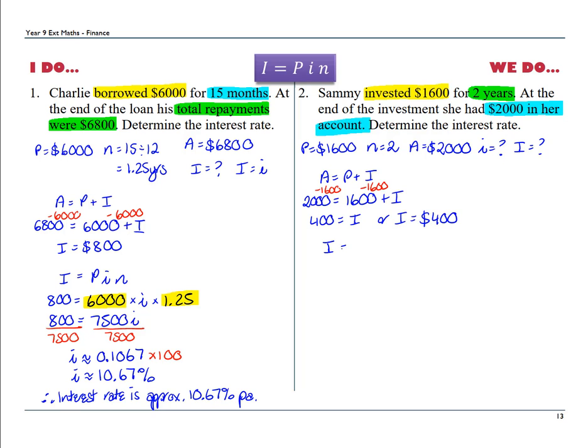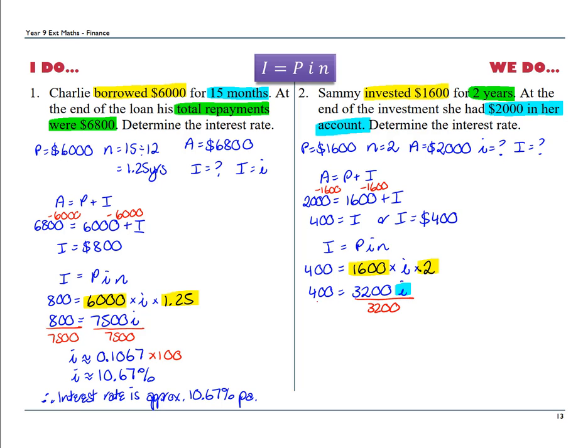Go to our interest formula, I equals PIN. Substitute in what we have: 400 equals 1,600 multiplied by my interest rate multiplied by the number of years, which is 2. Multiply the 1,600 by 2, so we have 400 equals 3,200 I. Need to get that I on its own, so it's being multiplied by 3,200.